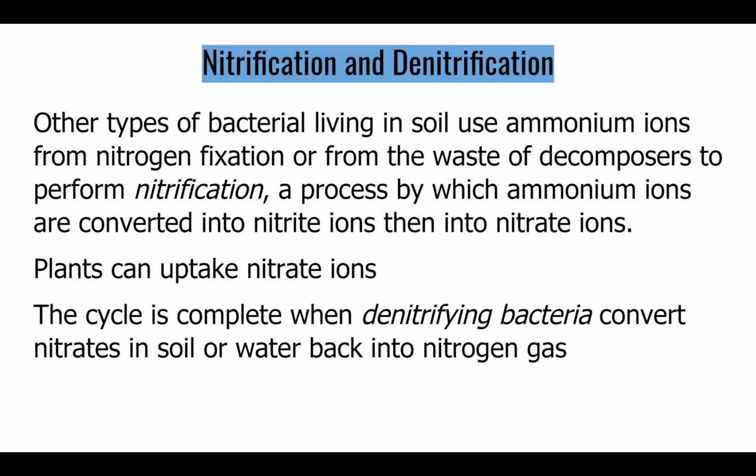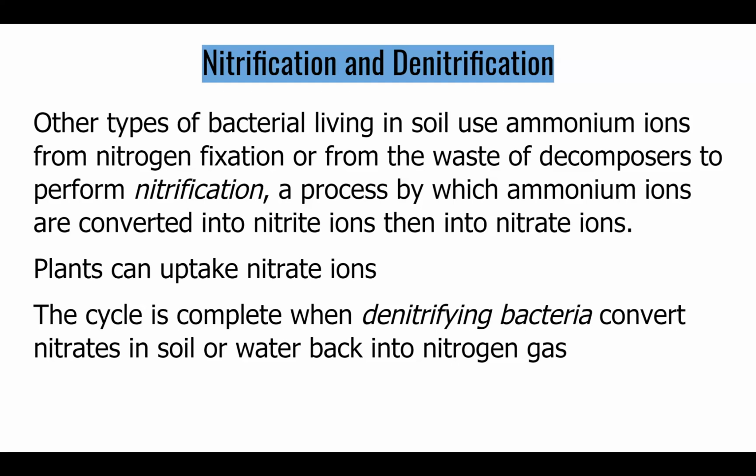So, what happens is our nitrogen fixing bacteria will take the nitrogen gas out of the air and they will turn it into ammonium. Then, nitrifying bacteria will take that ammonium and turn it into nitrate.